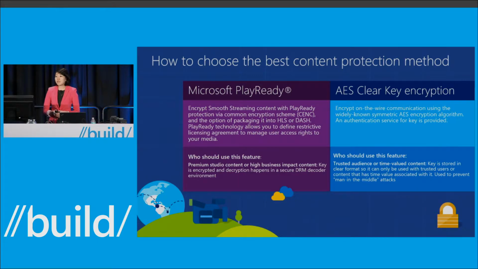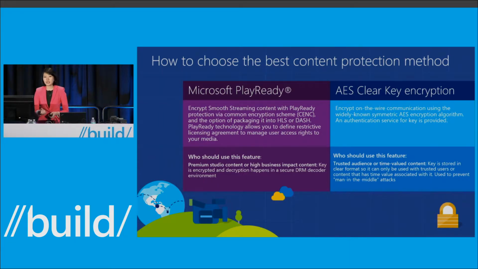So Microsoft PlayReady is one of the well-known DRM technologies in the industry that allows you to encrypt smooth streaming content with PlayReady protection via the CENC schema in the system, and you can package it into HLS or MPEG-DASH.